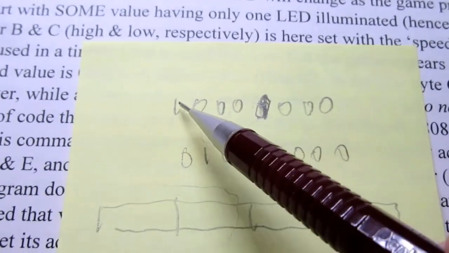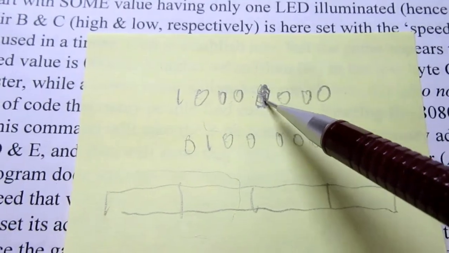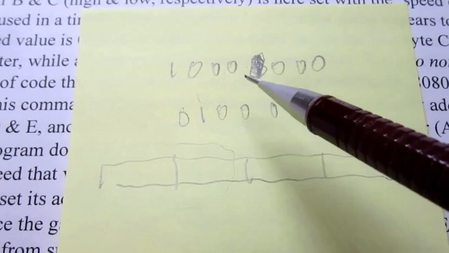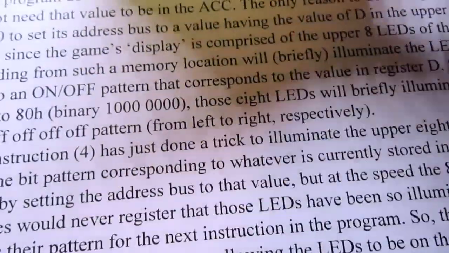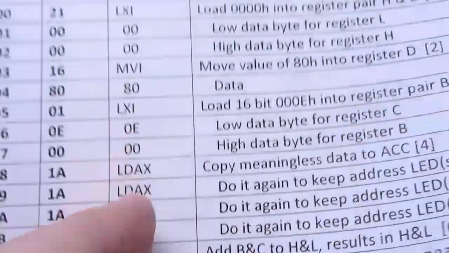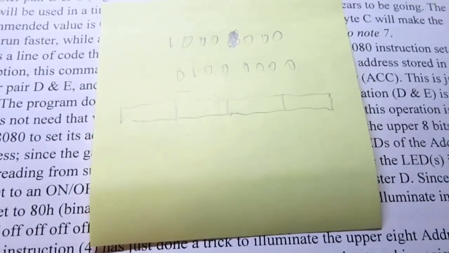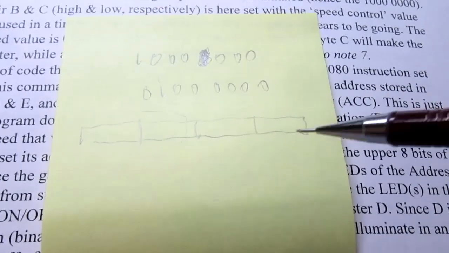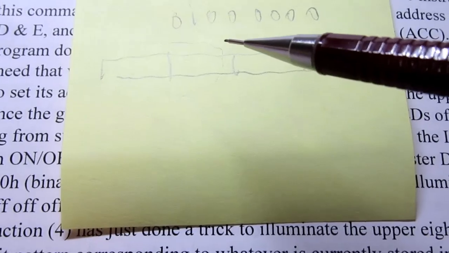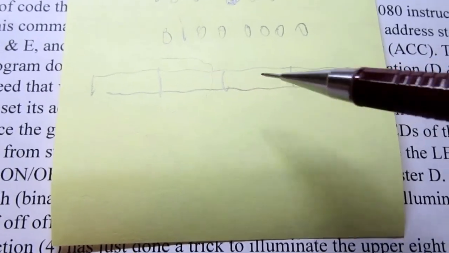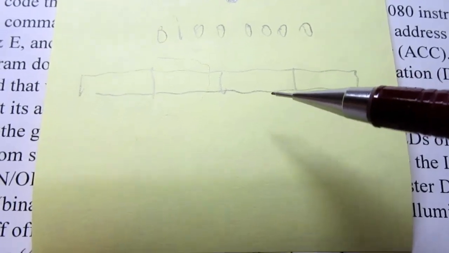So let's take that original value we had starting here. We start out the game with 80 hex, which is this pattern in binary. Again, this is a 0. That instruction that I just talked about, the LDAX instruction, that's going to registers D and E, and it's writing the value of those to the address bus so that it can go to that address and retrieve a value to stick in the accumulator.